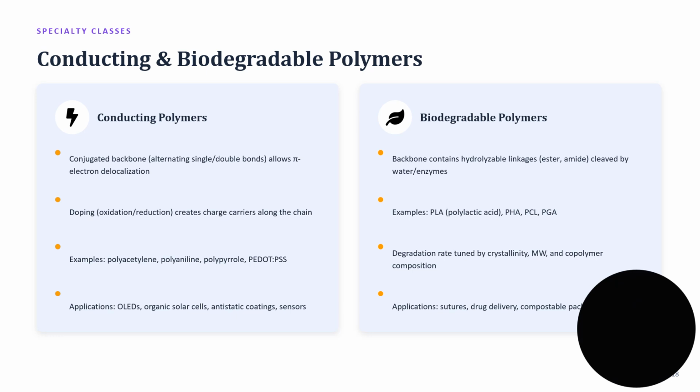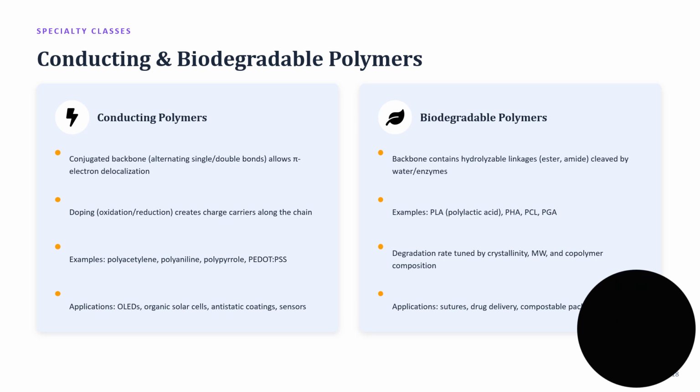Polyaniline, polypyrrole, and PEDOT:PSS are more processable, widely used variants today, applied in OLEDs, organic solar cells, anti-static coatings, and sensors.